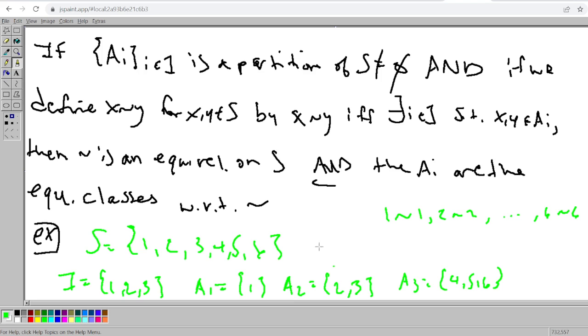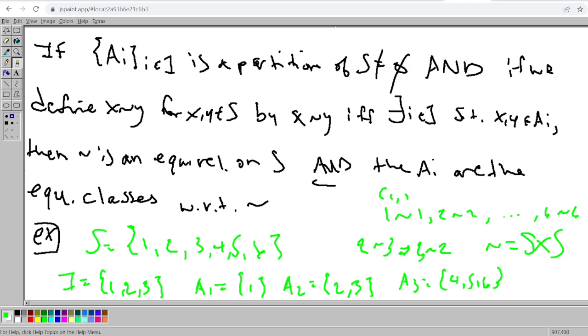We need to show that, as well as we need to show for 2 relates to 3, we need 3 relates to 2, 4 relates to 5, 5 relates to 4, 4 relates to 6, 6 relates to 4, etc. So we can use the original definition of a relation as a subset of S by S to show that this entire equivalence relation is just pairs.